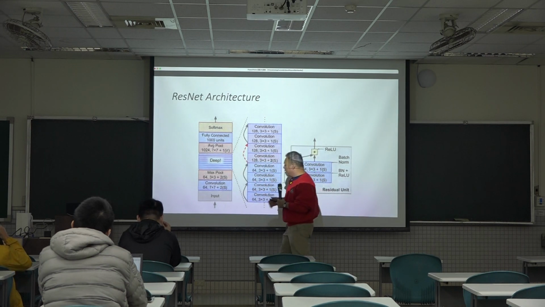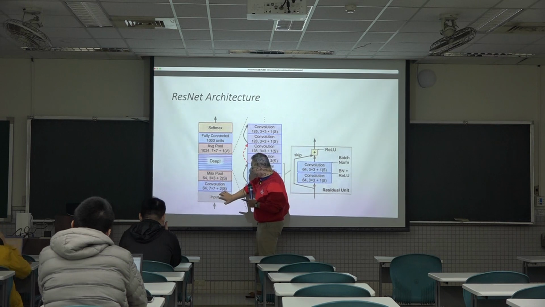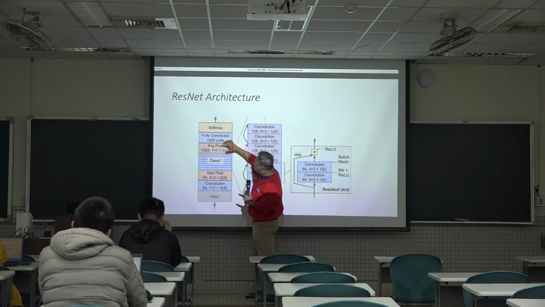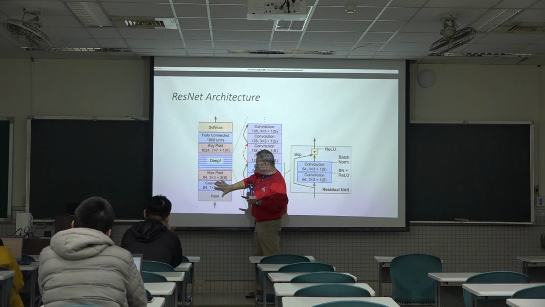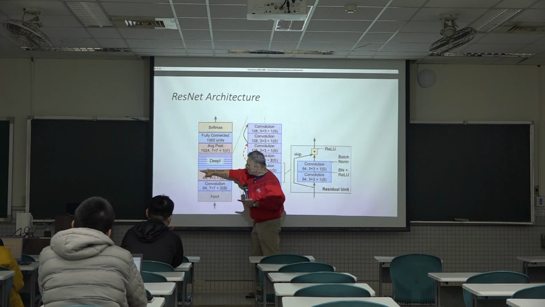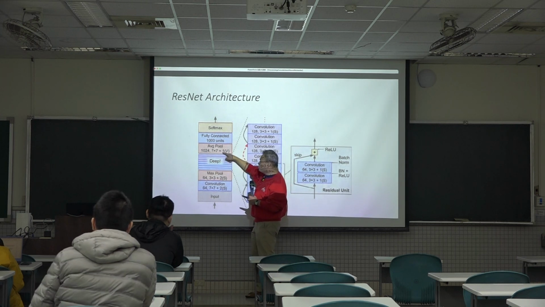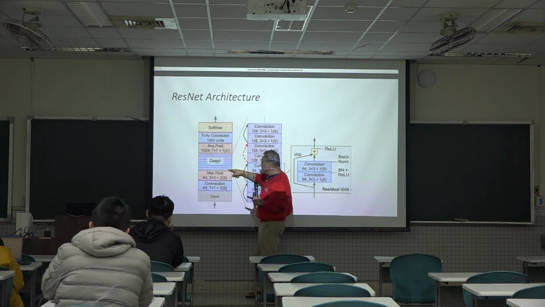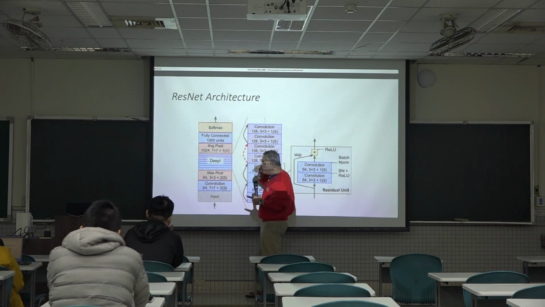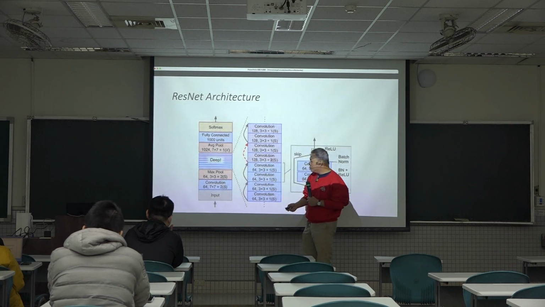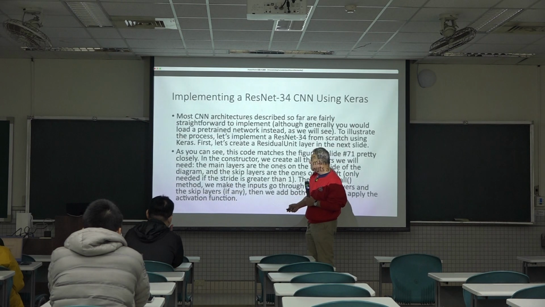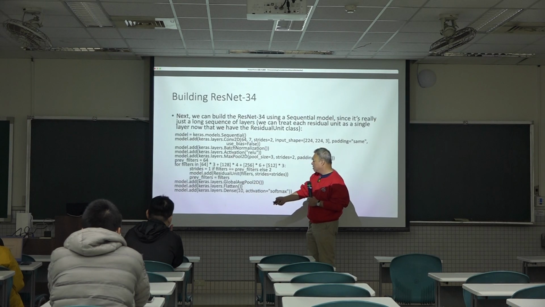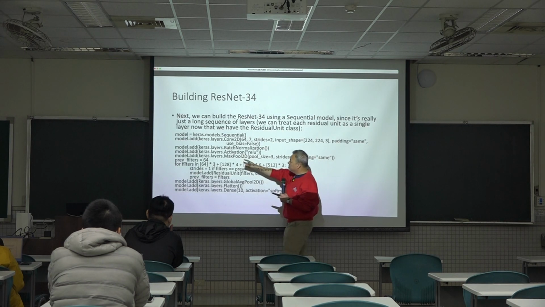But of course, for the input layer and these few layers, they are just regular layers that we can create. What the residual unit class is going to help us create is this part. So come back to here.